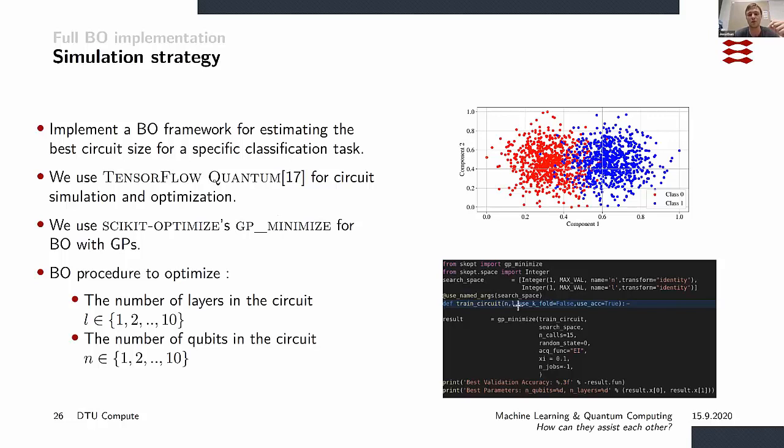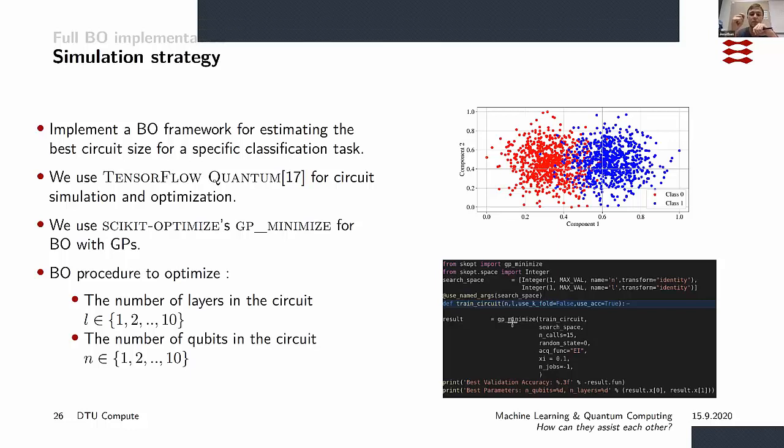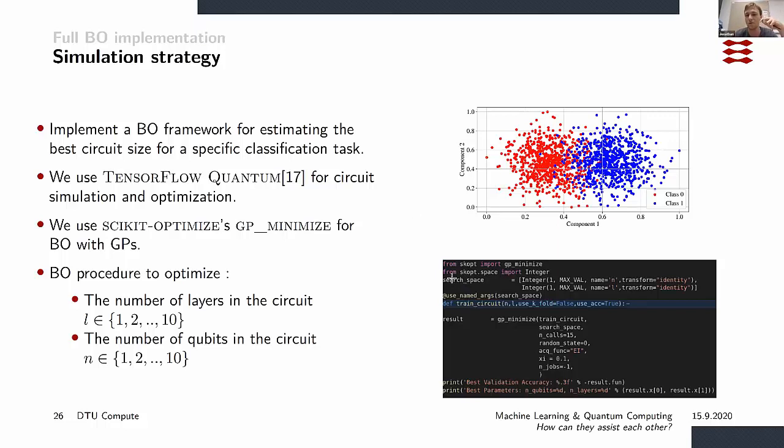So this train circuit function trains an entire quantum circuit to classify blue from red, and then it evaluates it on a data set that it hasn't seen before, and then it returns that to the gp_minimize function, and the gp_minimize function then wants to find the best accuracy on this data set right here. So that's the task, and you can see how easy it is: you only define your search space.